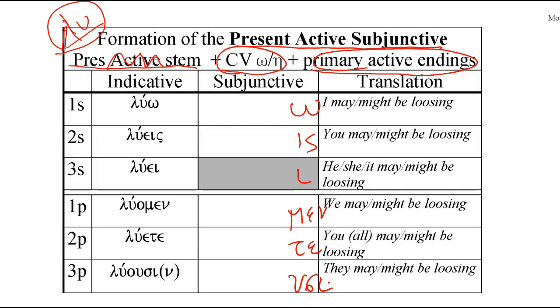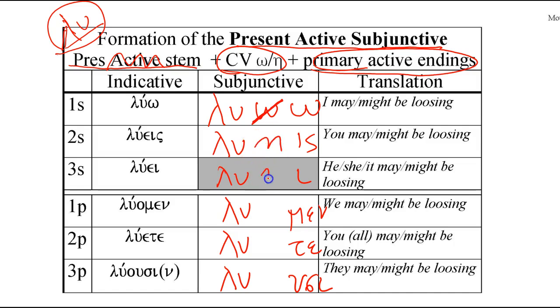And what we're going to do now is take the stem, lu, and instead of the short vowels, you're adding the long ones. So if I add a long connecting vowel, your big 5-2 rules tell you that two like vowels combine to form one of them, and then we're going to add an eta here, and omega here, and eta here, and an omega here.